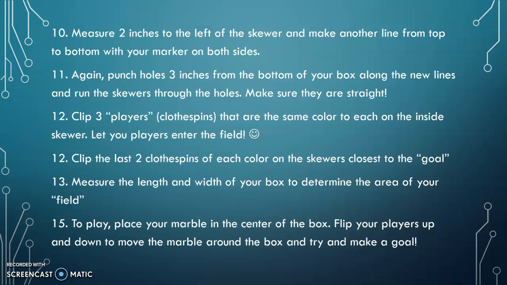Again, punch holes 3 inches from the bottom of your box along the new lines and run the skewers through the holes. Make sure that your skewers are straight. You should have all 4 skewers going through your shoebox at this point.